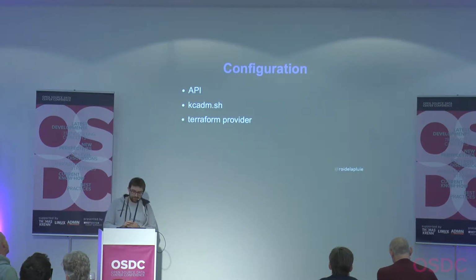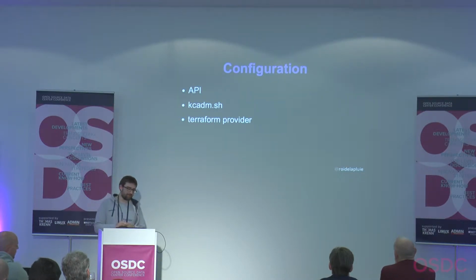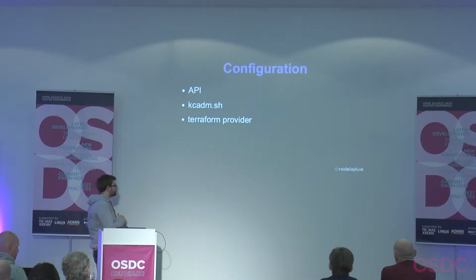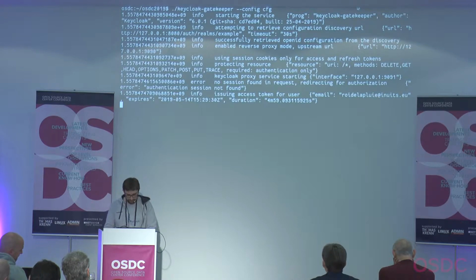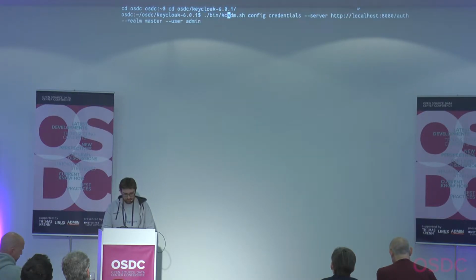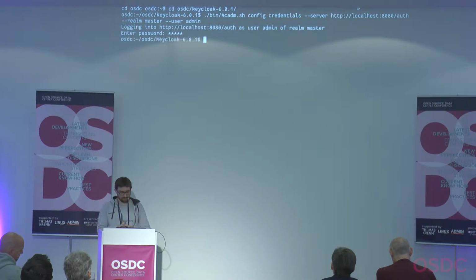So operations. Basically, to configure Keycloak, you can use the API. The API is built into a shell script that will do the curl for you. So if I just do, for example, let's find my Keycloak again. In KCADM, I need to log in first. My password is admin.